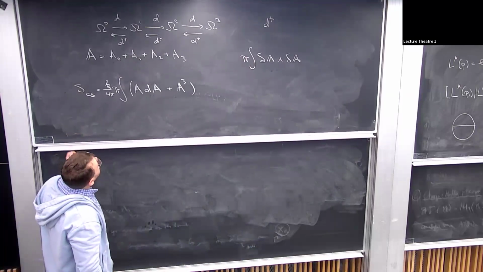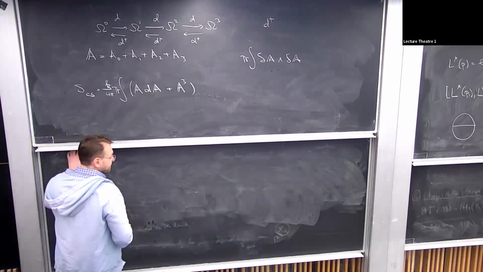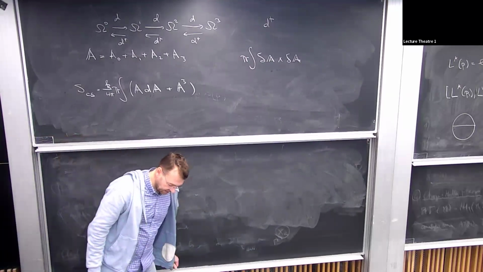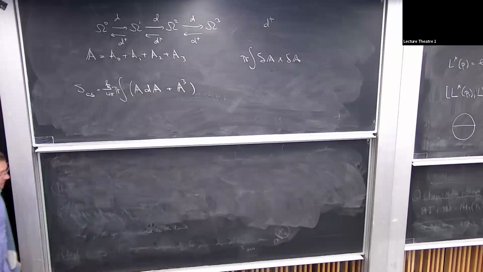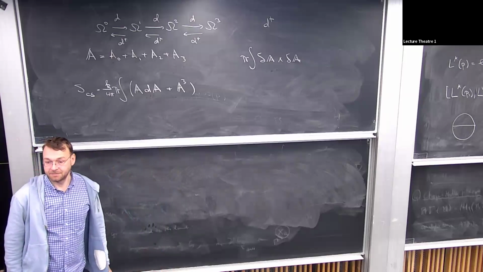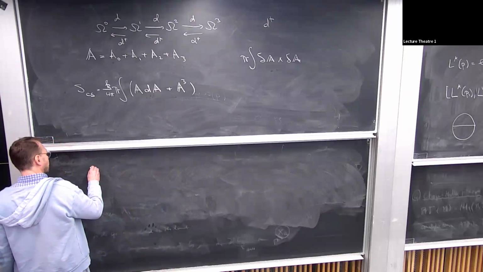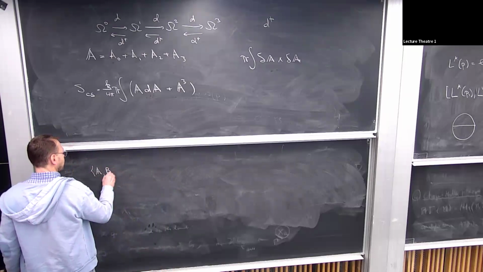Right, so d is a derivation, d-dagger is not a derivation, right? Does anyone know something nice about d-dagger? What is the failure of d-dagger to be a derivation? Anyone know? So let's just take two guys and construct its failure to be a derivation.